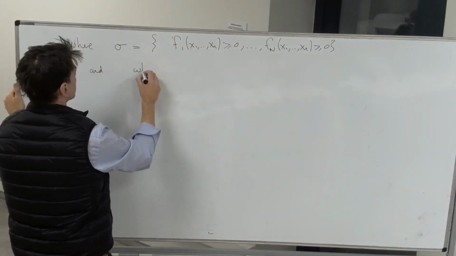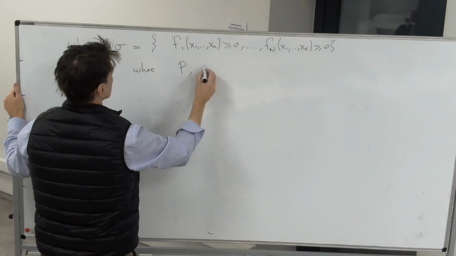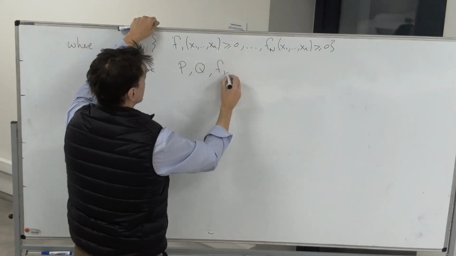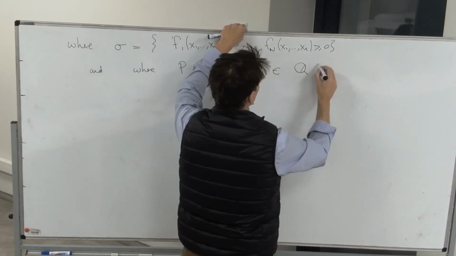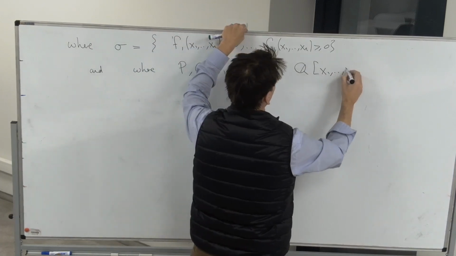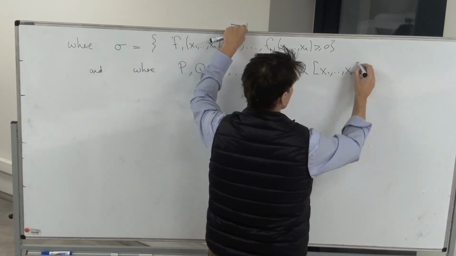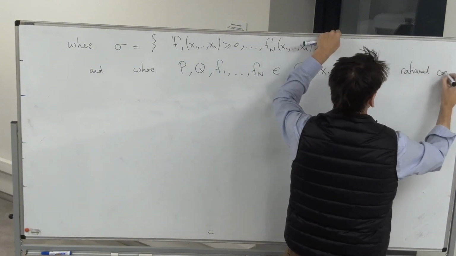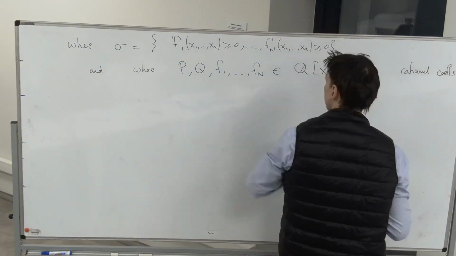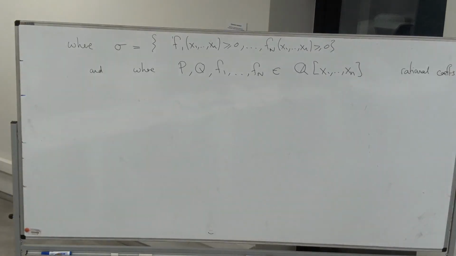Where P, Q, all the data are polynomials with rational coefficients. So it's essentially an integral in which all the data is algebraic. Everything is given by polynomials, and polynomials with rational coefficients.